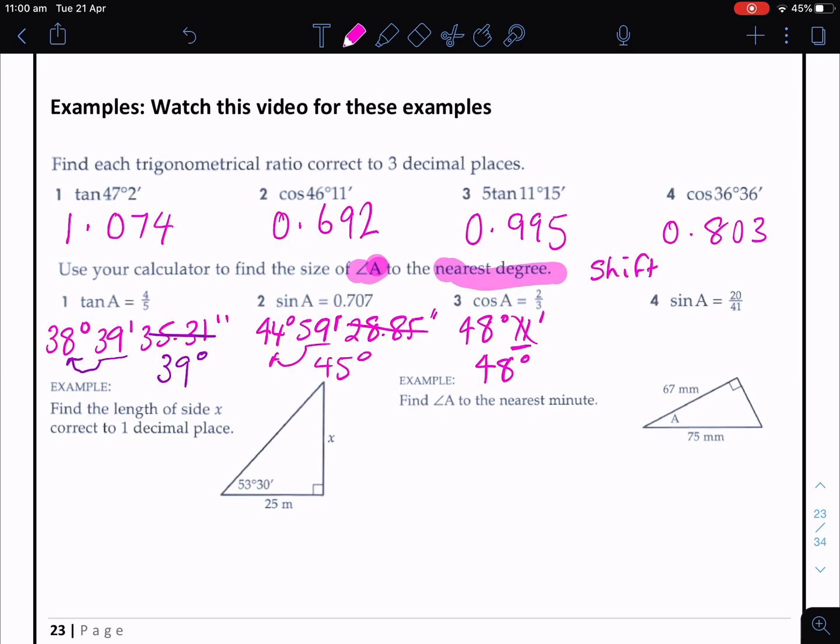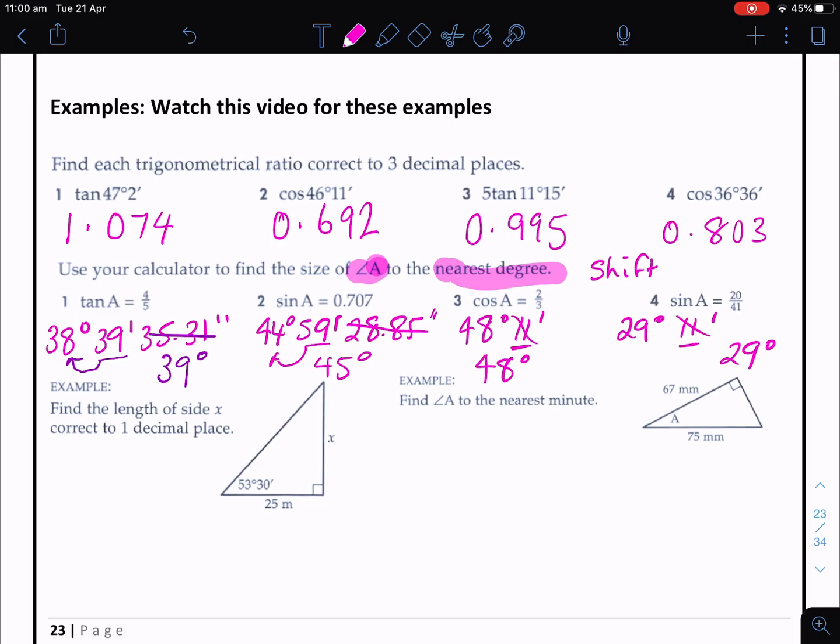Okay, sine of A. So we're going to go shift sine, and we have 20 fraction 41 equals. Press your degrees, minutes, seconds, and we get 29 degrees, 11 minutes. Again, we're not going to worry about the seconds. And the 11 is under 30, so we'll just get rid of it, and your answer will be 29 degrees.